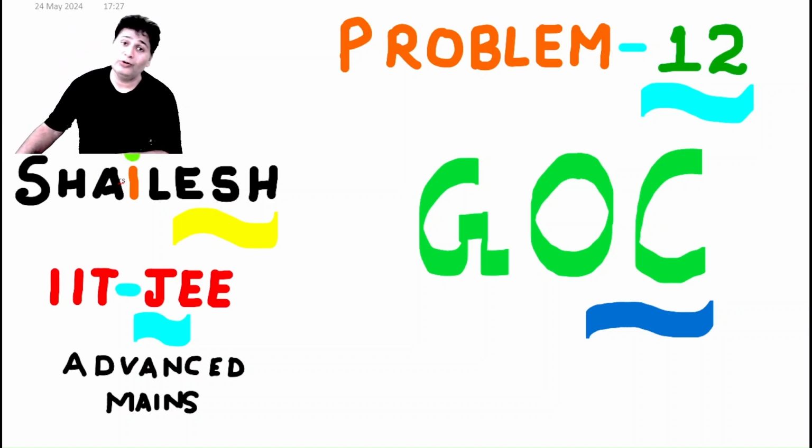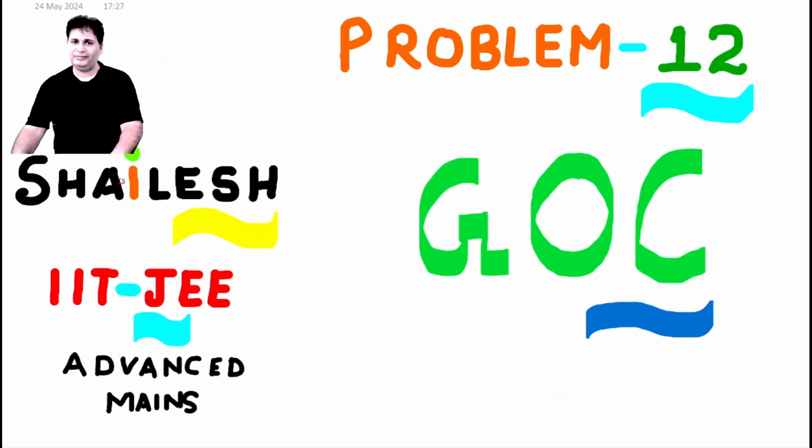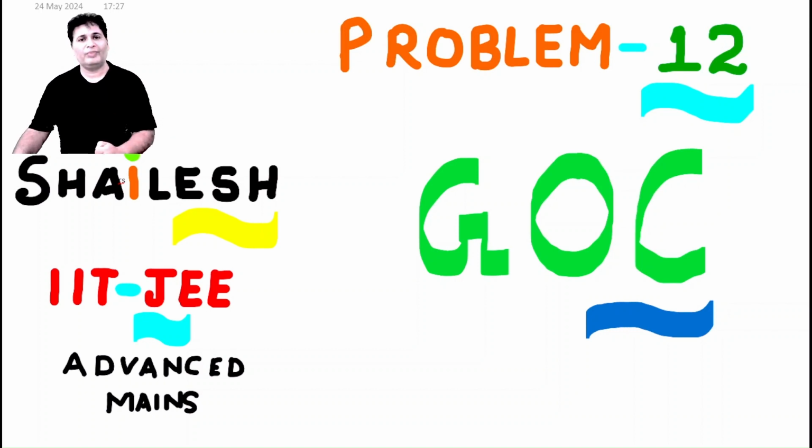Students, as you all know, we are doing problems based on general organic chemistry, and we have already completed topics like drawing resonating structures, arranging them in stability order, carbocations, carbanions, aromatic behavior, acidity, basicity.